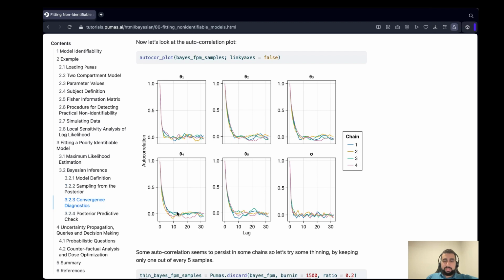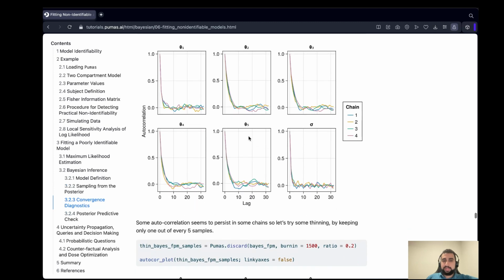But again, this is not really a measure of or a sign of lack of convergence. You could have autocorrelation in your samples and your chains could have still converged. So this is not really a bad sign per se, but often it is. So it's not guaranteed to be a bad sign. But if you have extremely large autocorrelation, so the curve doesn't even go down that much, this could be a sign of lack of convergence as well.